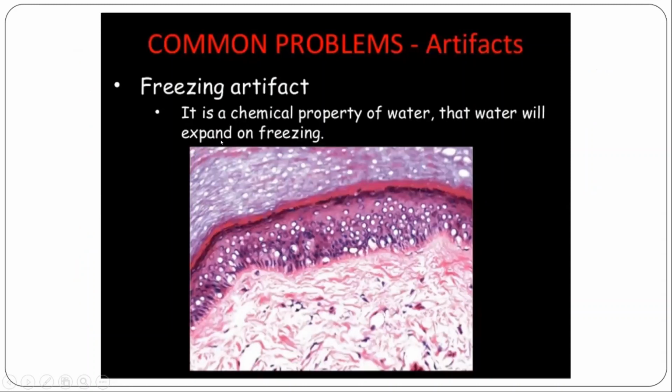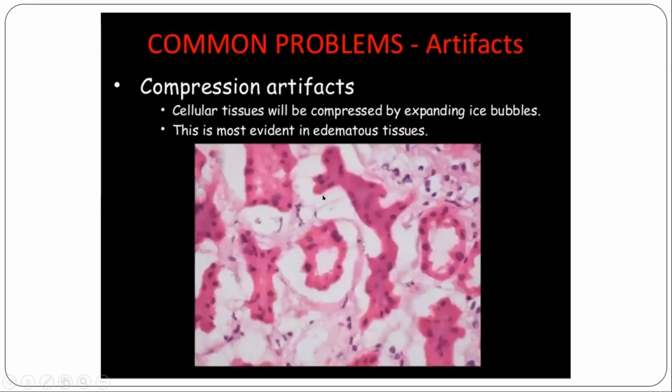Since we use water as a medium, this is the water crystal. By right, this shouldn't be a hole. This is a skin. So this is all the artifact that we have to realize as a pathologist. That's why I say frozen section is one of the scary things to have once you request for frozen section.